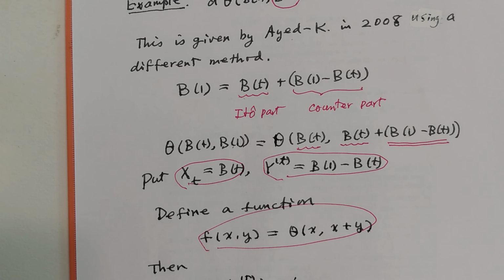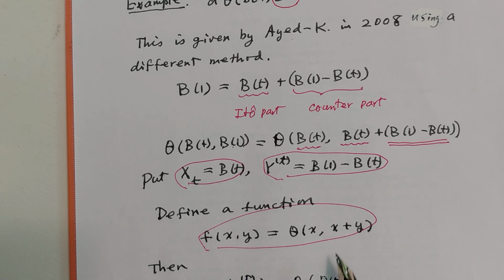This is theta of, oh, I'm sorry, okay, let's see, theta of x, where this x is for B_t.